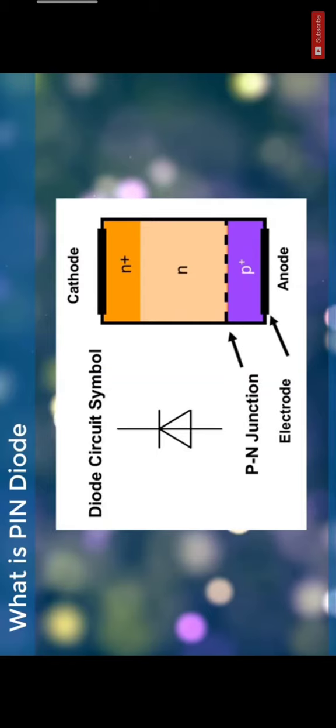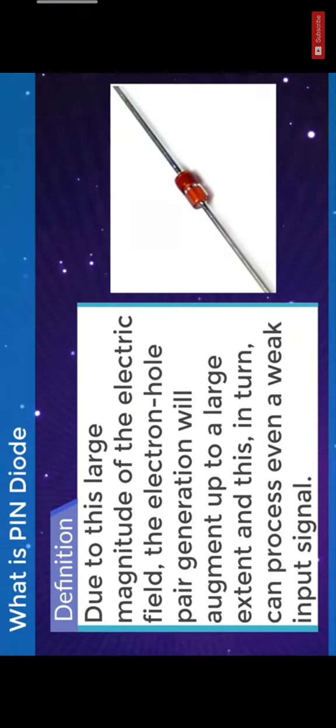Here p indicates the p-type semiconductor, i indicates the intrinsic semiconductor, n indicates the n-type semiconductor. So a PIN diode is a sandwich of an intrinsic semiconductor between n-type and p-type semiconductors.